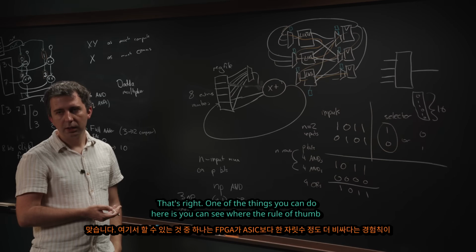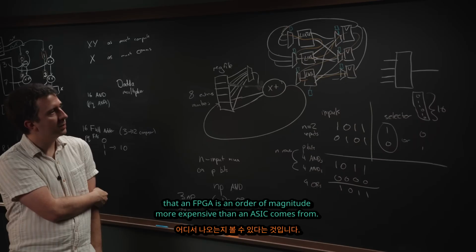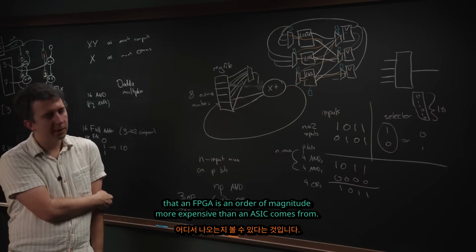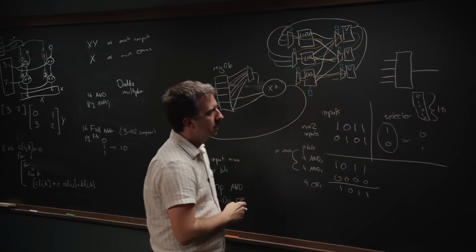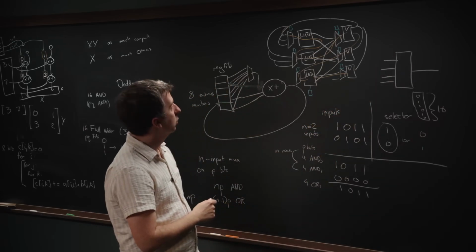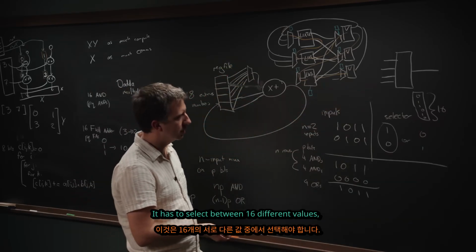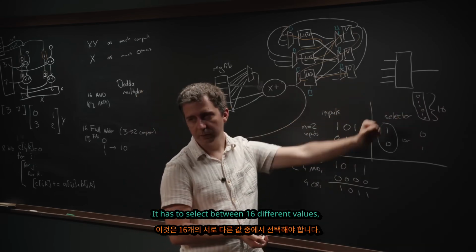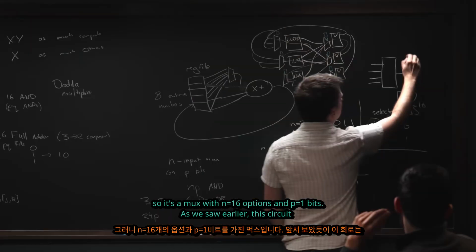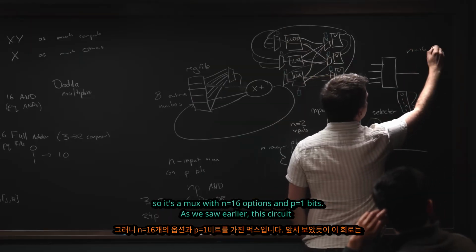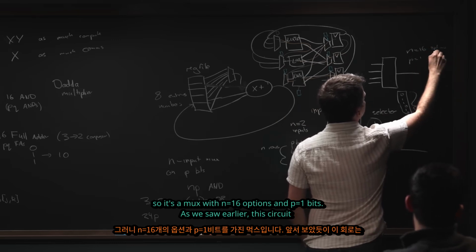That's right. And so one of the things you can do here is you can see where the rule of thumb that an FPGA is an order of magnitude more expensive than an ASIC comes from. It is to count how many gates would be inside this lookup table. So we can view this lookup table essentially as one of these muxes. A mux has to select between 16 different values, so it is a mux with n equals 16 options, p equals 1 bits.